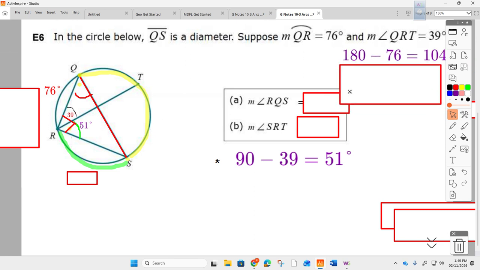But you guys were on the right track, and that's the thing with geometry. I worked both of these problems different ways, and I was using old rules, and you can do that. So 180 minus 76 is 104, and if we divide 104 by 2, now we know that angle is 52.